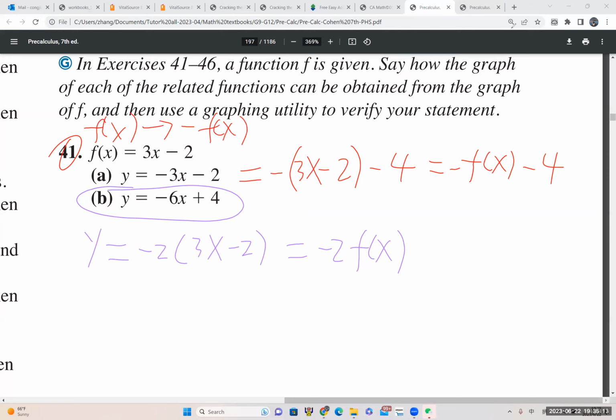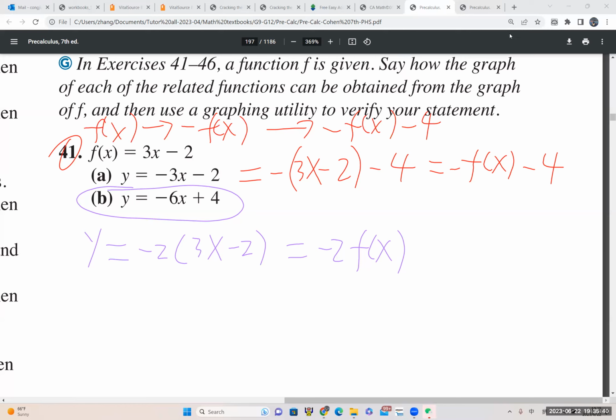This is called reflect by the x-axis, right? Then from here to just minus 4. This is called move down 4 units, right? Yeah, if you don't agree, let me know.